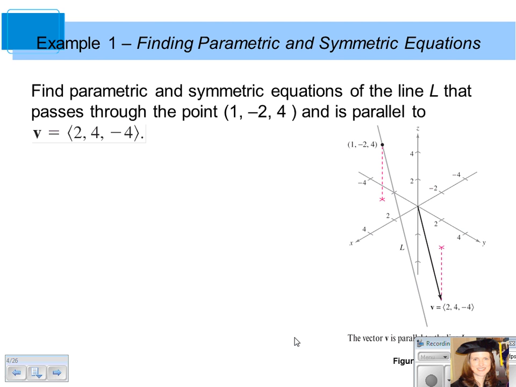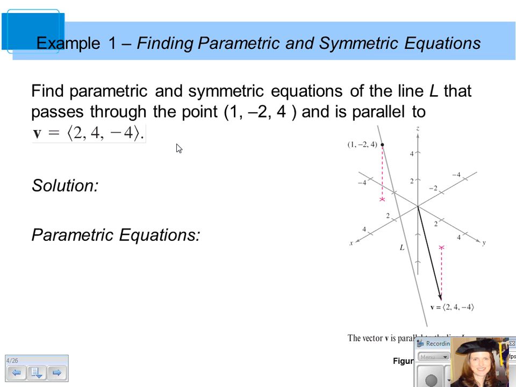Suppose we want to find parametric and symmetric equations of the line L that passes through the point 1, negative 2, 4, and is parallel to the vector v with components 2, 4, negative 4. You need two things to determine the equations for a line in space: a point and a parallel vector. For this example, you're given both.